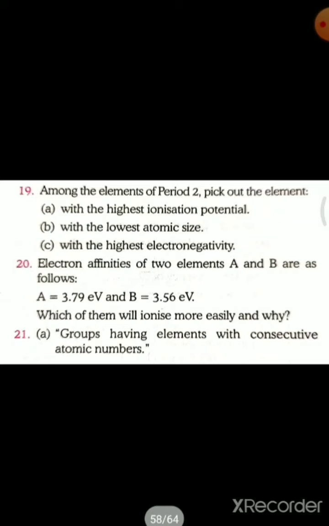A will ionize more easily than B, because the more the electron affinity of an element, the more the tendency to accept electrons. That's why A gets ionized easily, because A has the higher electron affinity value as compared to B.